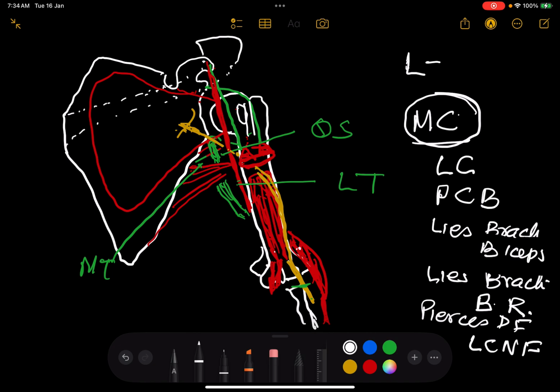Lateral pectoral supplies only the pectoralis major. The medial pectoral pierces the pectoralis minor and supplies pectoralis major and minor both. The lateral pectoral pierces the clavipectoral fascia, therefore it supplies only the pectoralis major.